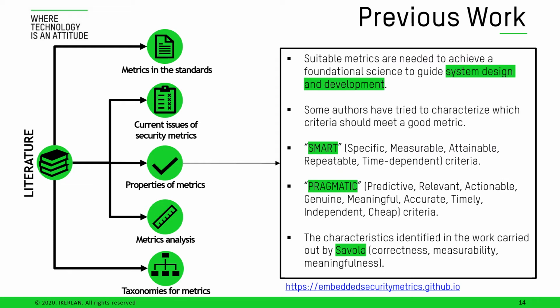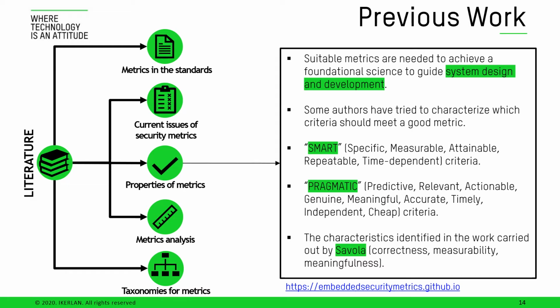We have also reviewed the literature to find which are the properties that a good security metric should fulfill, and we found three main criteria. The first two criteria are the SMART and the pragmatic criteria, where each letter represents a different property that the developed metric should meet. Here in this slide, you can see the definition for each letter.